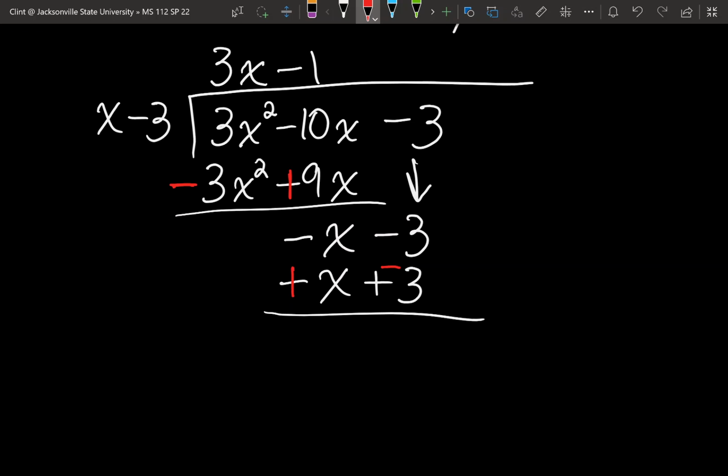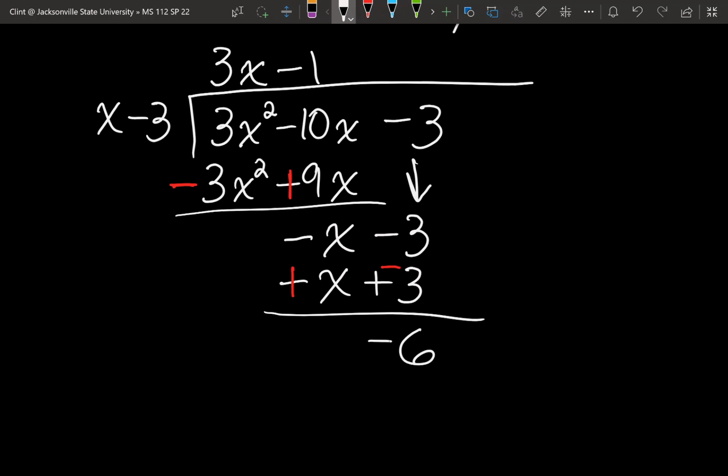Combine like terms, so negative x plus x, that's 0. Negative 3 minus 3 will give us negative 6. And that's going to be our remainder.